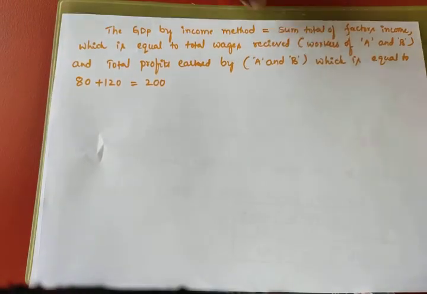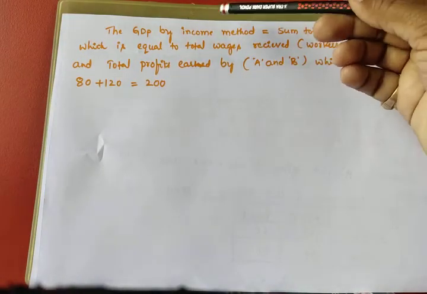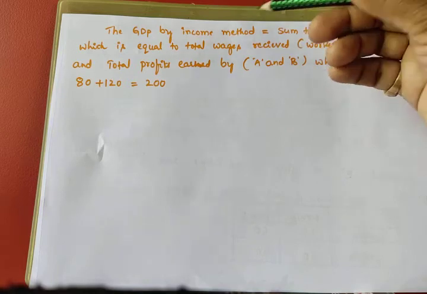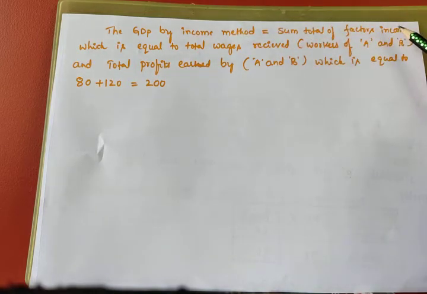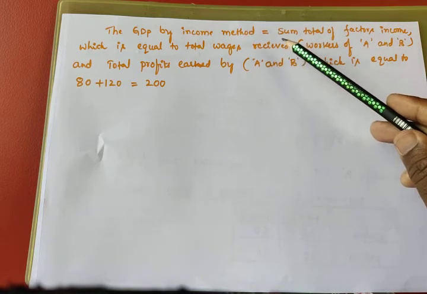Okay, here the GDP by income method. How can we calculate it? Sum total of factor incomes, which is equal to the wages received.